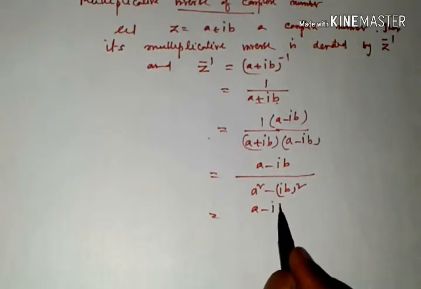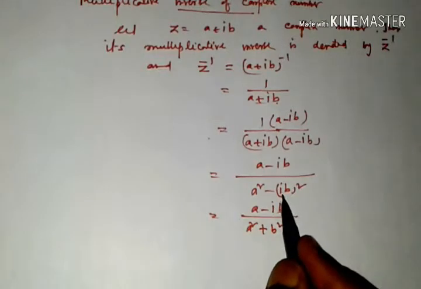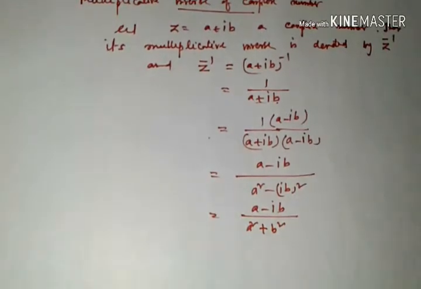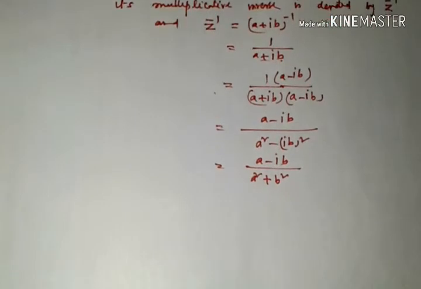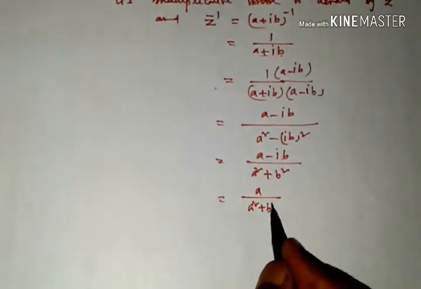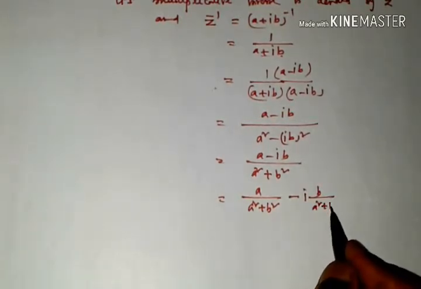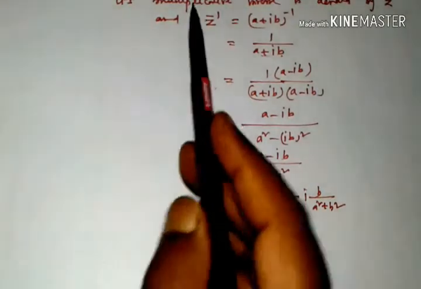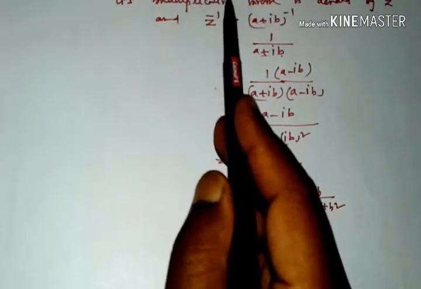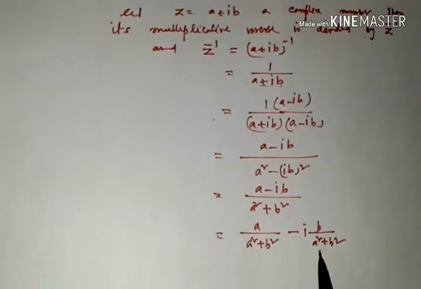Therefore a minus ib over a square plus b square, because i square is equal to minus 1. Therefore if we write in a plus ib form, this is a by a square plus b square, minus i b by a square plus b square. Therefore the multiplicative inverse of z is equal to a plus ib is a by a square plus b square minus b by a square plus b square.